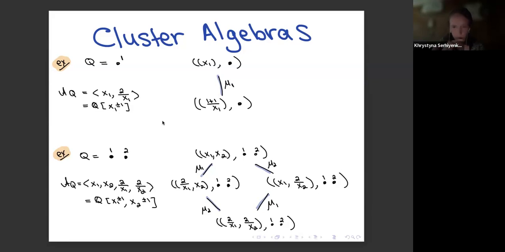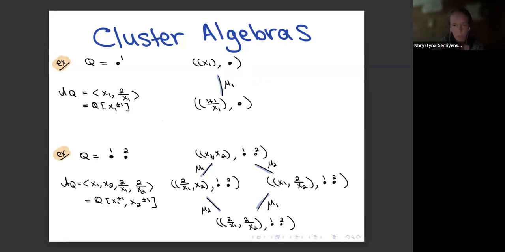Okay, another smaller example, and this is the exchange graph. I go back, forward, back. These are my two unique, distinct seeds. Now, the second smallest example you can do is two vertices and no arrows. And in this case, this is my quiver. Again, quiver mutation does nothing because I have no arrows.